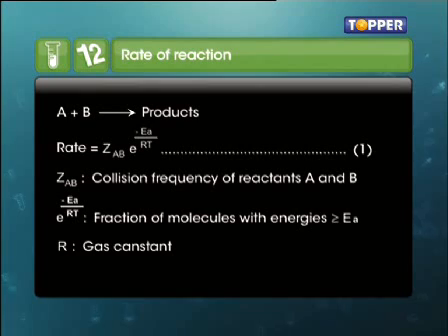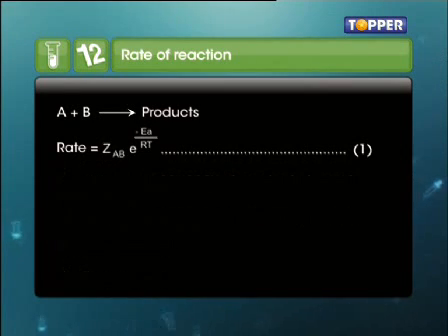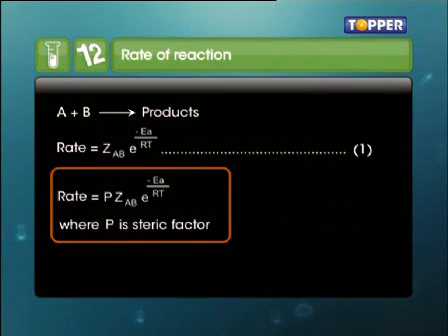R is the gas constant and T is temperature. This equation can be further modified in terms of steric factor P, which accounts for orientation of the colliding molecules as shown.